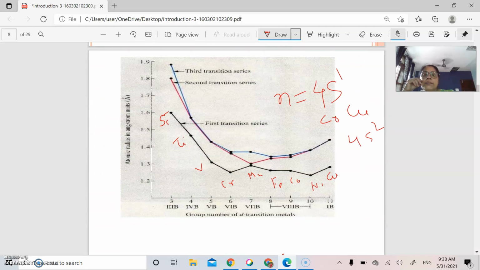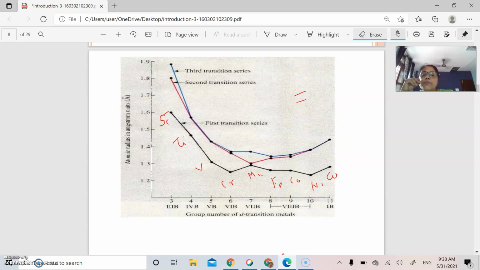And if we go for the variation of the atomic radii for these elements, then we will see that for chromium we have the highest decrease, with the highest number of unpaired d electrons in chromium, and as a result there will be minimal shielding and maximum attraction of the nucleus for the valence electron.